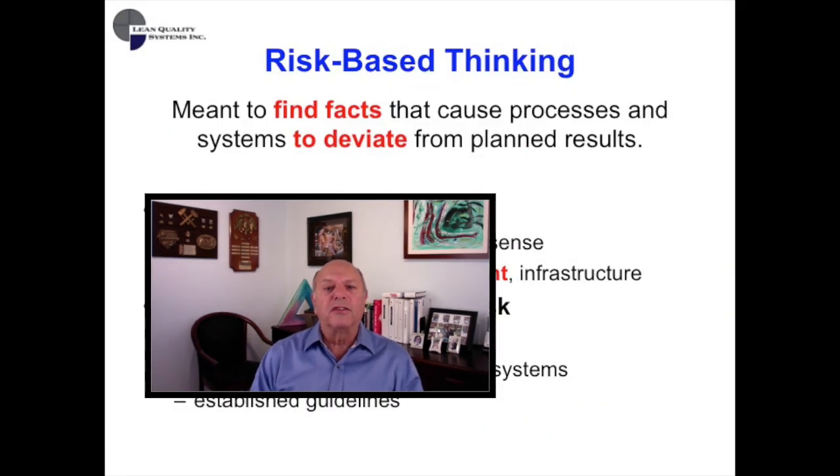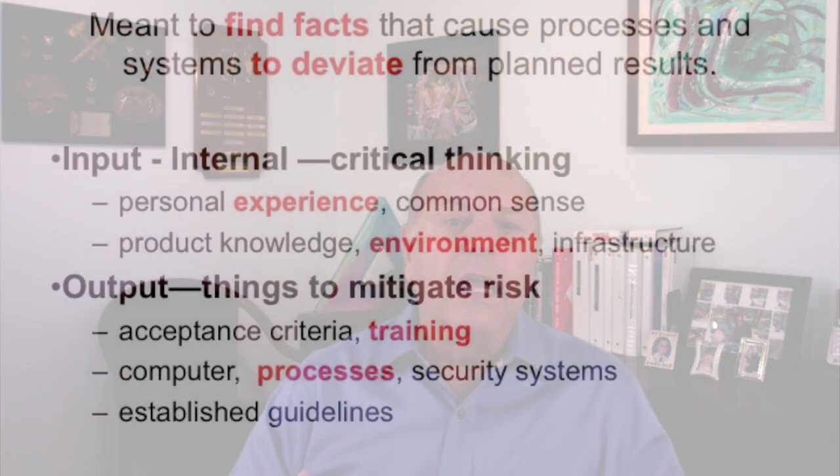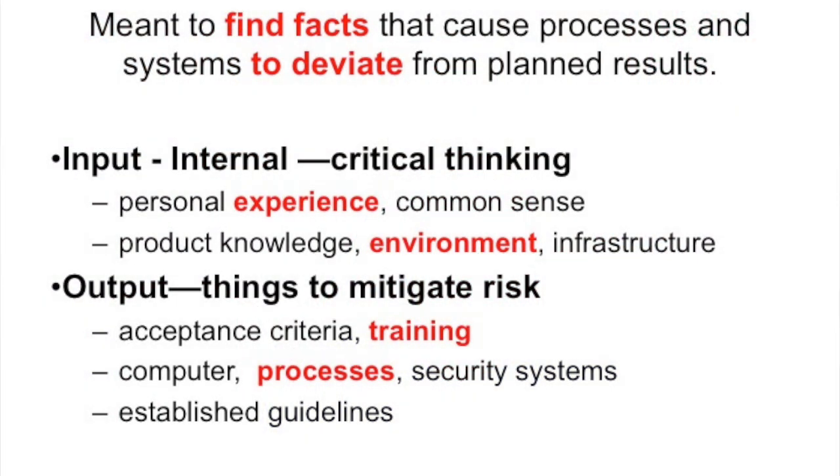Let's go a little bit deeper into risk-based thinking. It's meant to find facts that cause processes and systems to deviate from the planned results. We have to determine what can cause a problem. Internally, it's personnel, experience, common sense. This is risk-based thinking. Product knowledge, the environment, the infrastructure, this is all risk-based thinking.